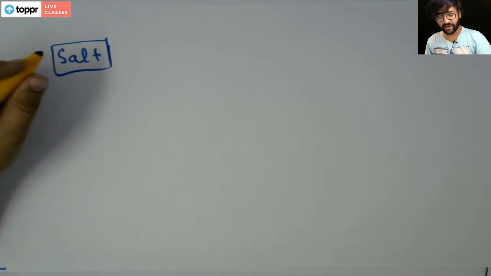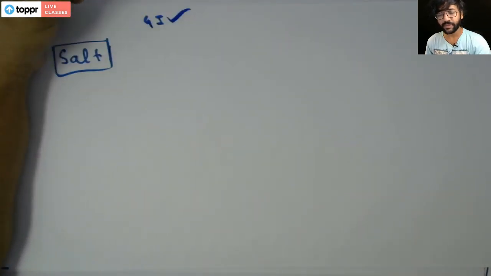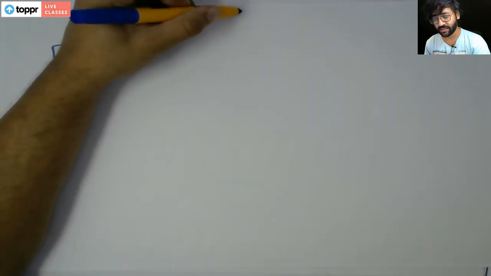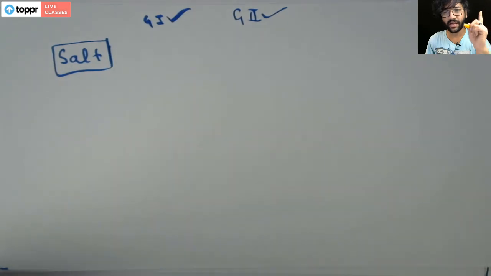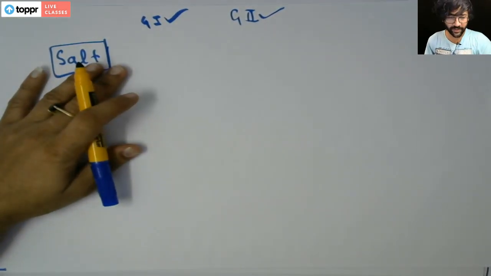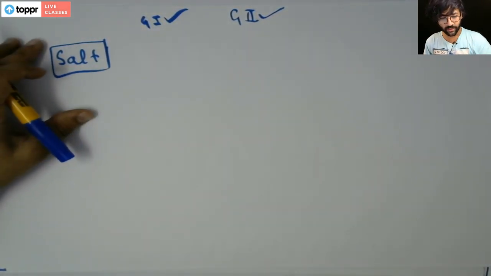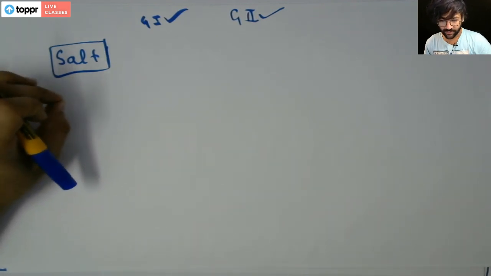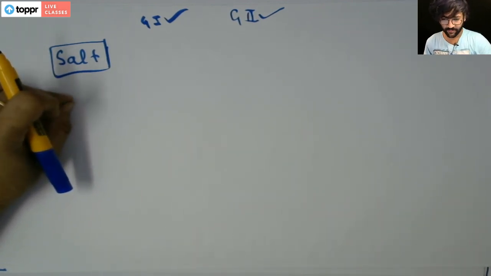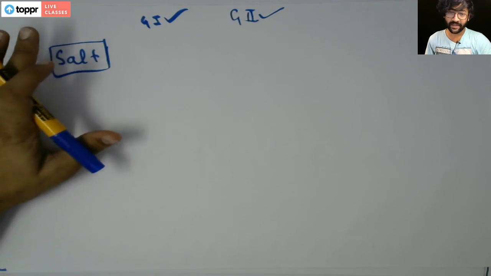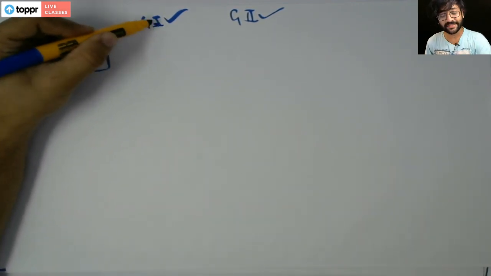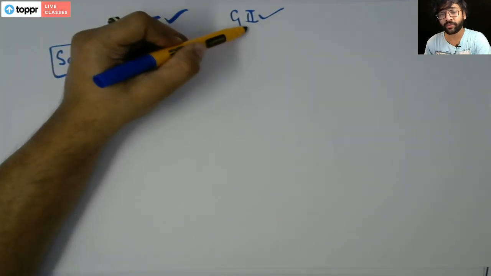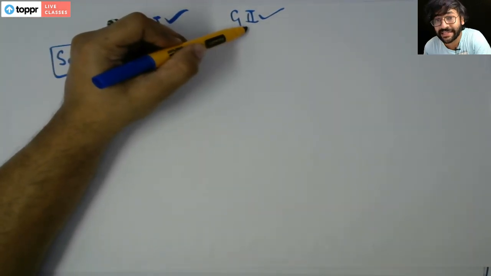All right, so we have taken care of group 1 by dilute HCl, and group 2 by adding dilute HCl and hydrogen sulfide gas. Now coming to group 3, for group 3 we make the solution basic. For group 1 it was acidic, and for group 2 it was hydrogen sulfide in an acidic solution.